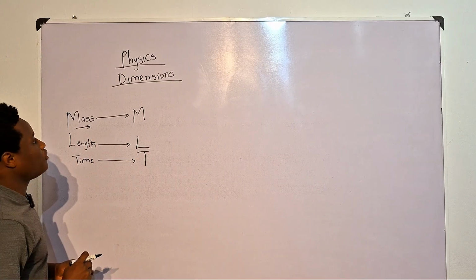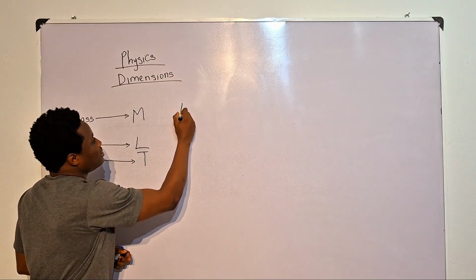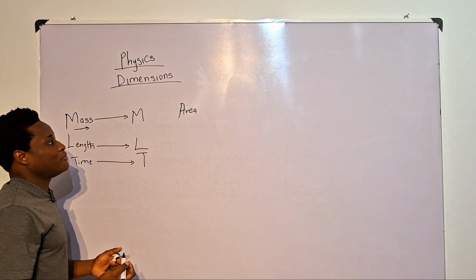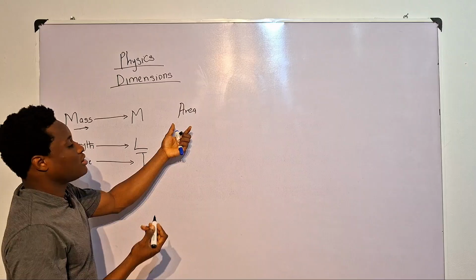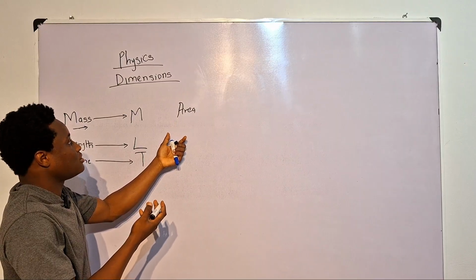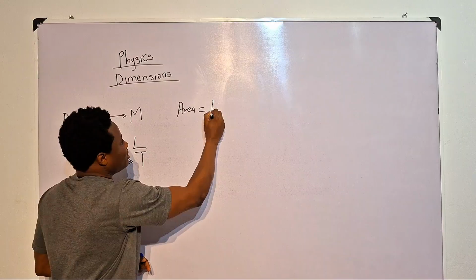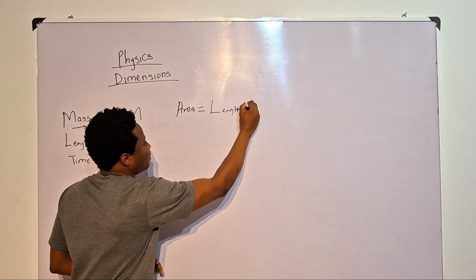Let me give you an example of what I mean. For us to express area in dimension, we state the formula first. The formula for area is length times breadth.